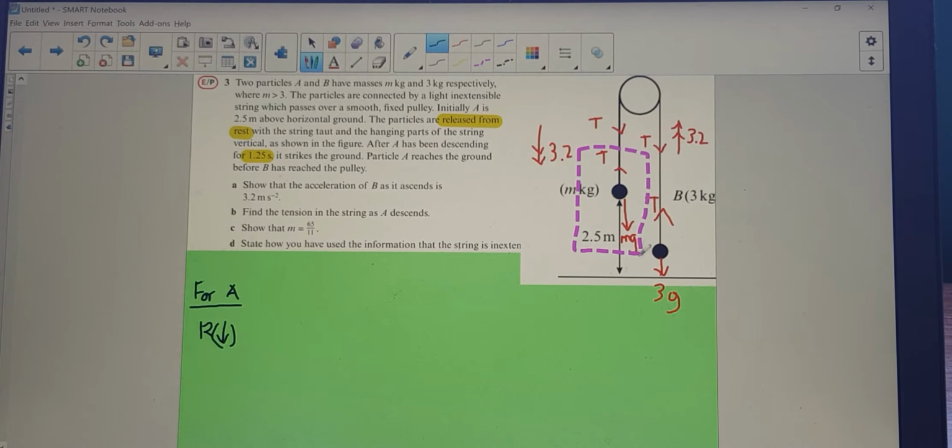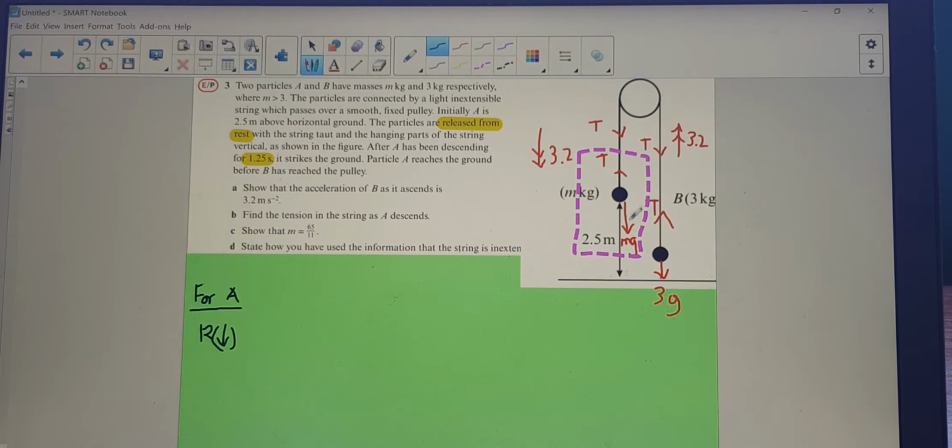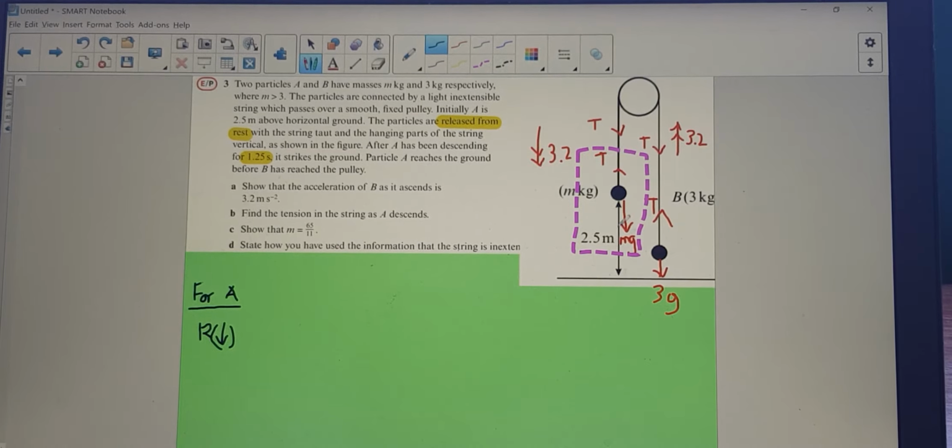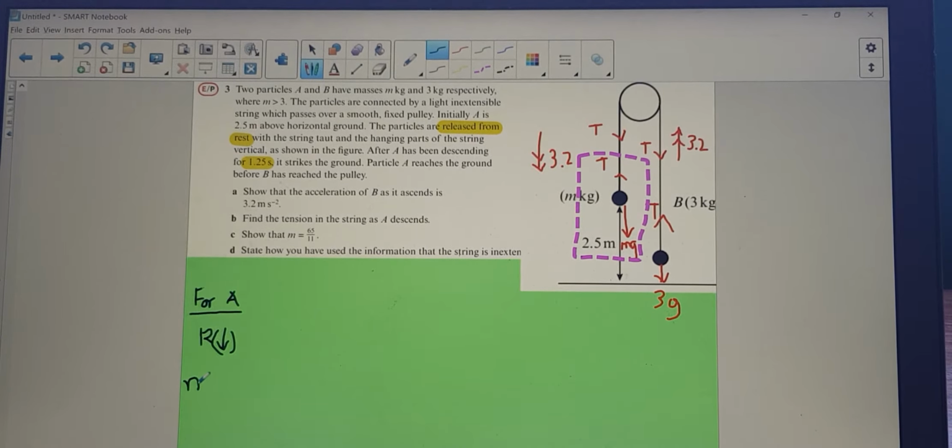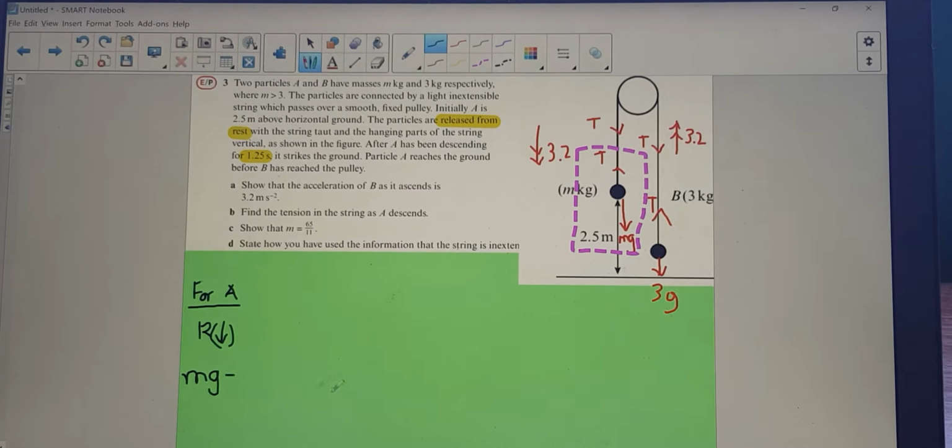So down is positive. So resolve the forces: I've got mg minus the tension acting against it. That's the resultant force, so F is equal to mass, which is m in this case, times acceleration, which is 3.2.